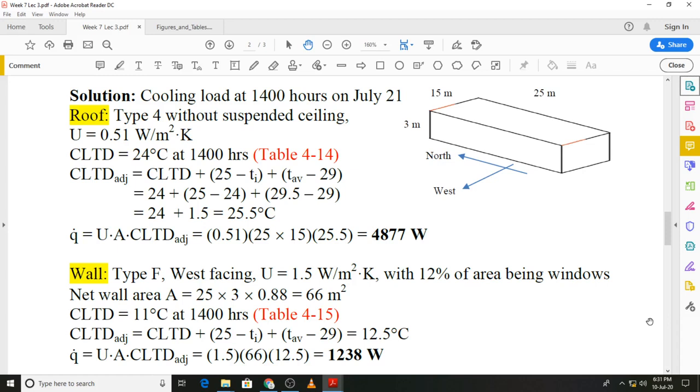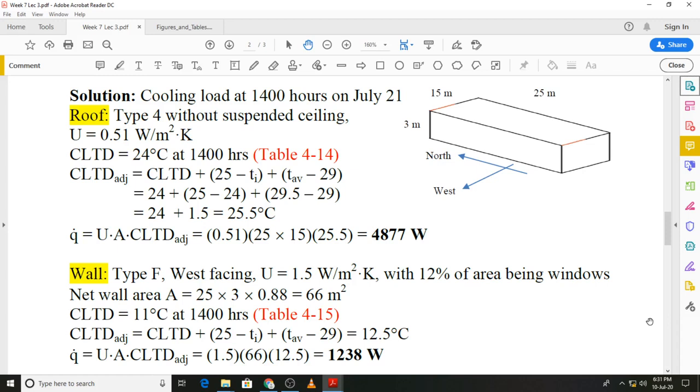The U value of the roof is given, and to calculate the heat gain we need to first find the CLTD value from table 4-14, and once we have that CLTD value, we will modify it to CLTD adjusted according to the conditions given in the problem.